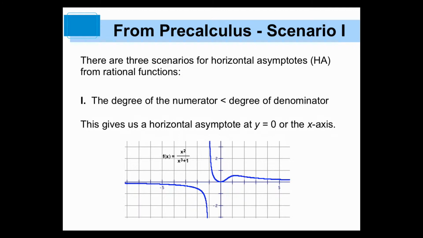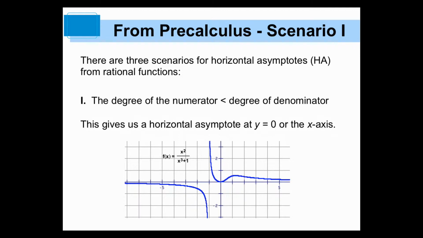So the degree of the numerator is 2, and the degree of the denominator? Why take the 3? Why not the power on the x over here, which is 0? There is an x. It's x to the 0. The highest one. So the degree is determined by the highest exponent in the function. So the degree of the top is 2. The degree of the bottom is 3.